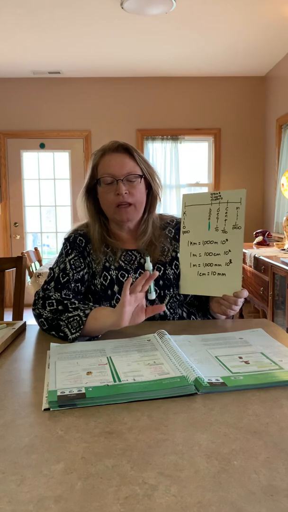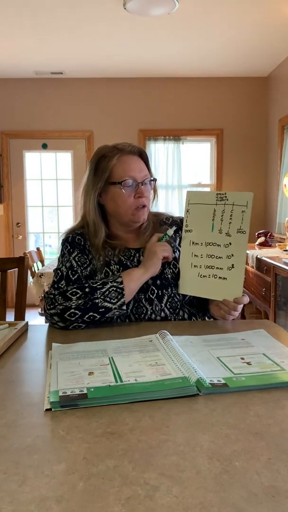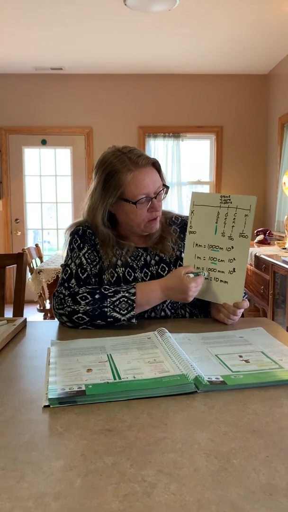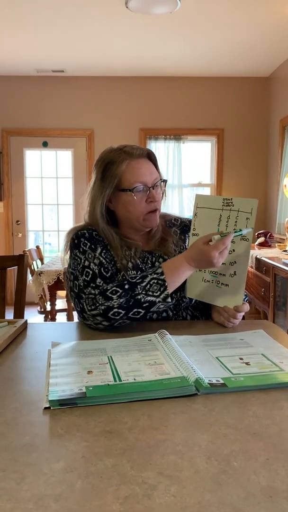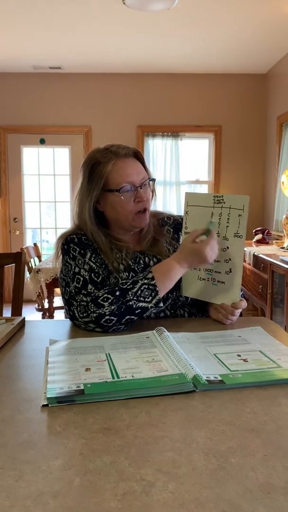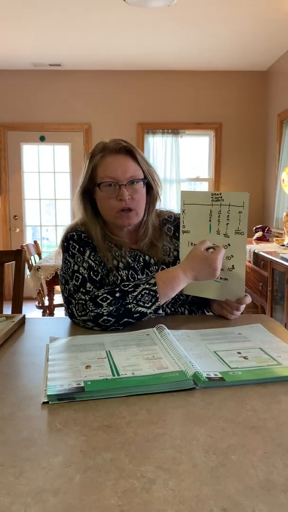So all you really have to worry about is knowing how many zeros, and knowing whether you're getting larger or you're getting smaller. So you're going to have to make sure that you use this chart.